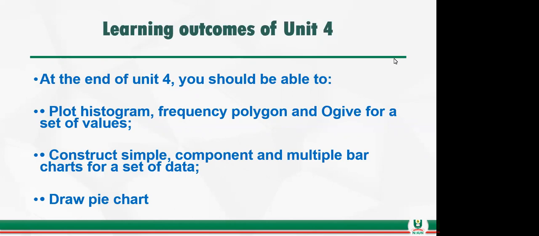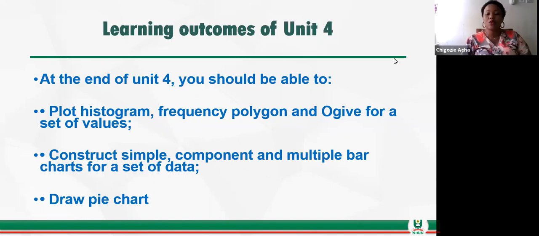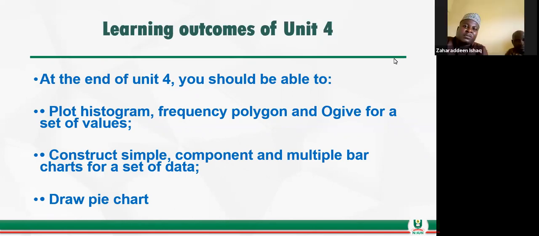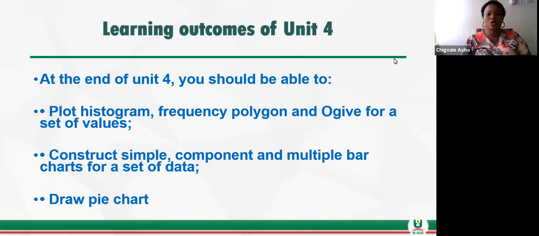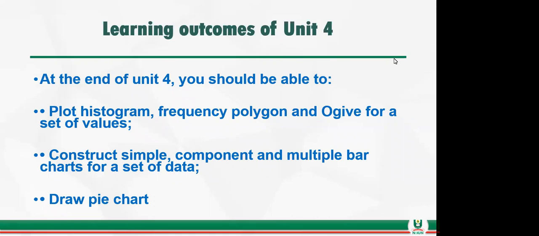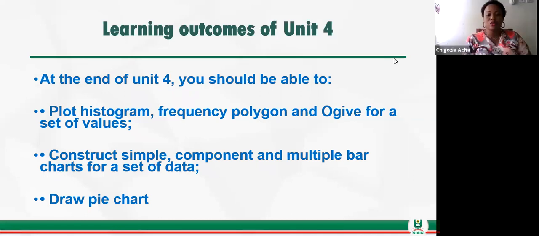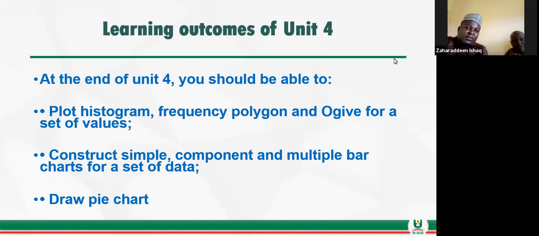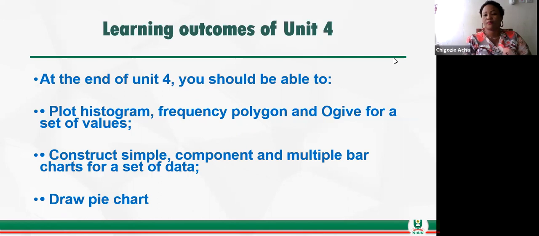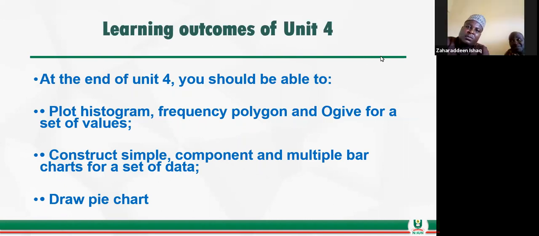I told you just to list the uses of OGIV. They are explained in detail in your manuals also, but not under Unit 4; they're explained in a different unit. For now, your job is just to learn how to construct OGIV and know what you use OGIV for. Please, if you don't have the floor, mute your mic, so that we can hear very well.